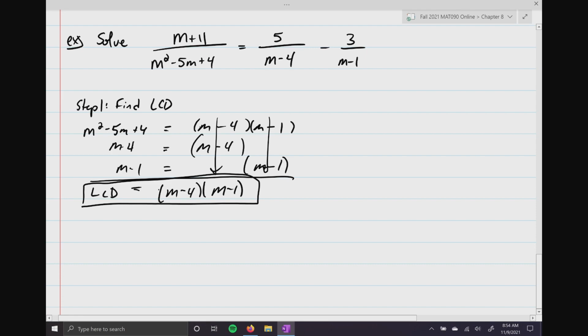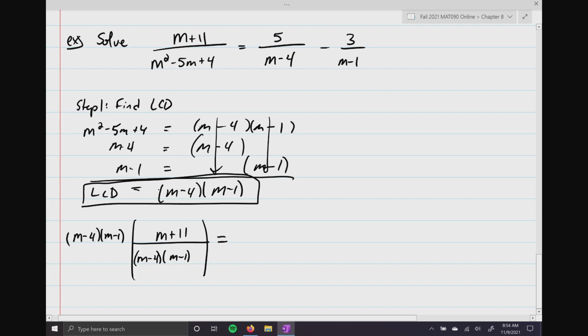Now, just watch how I do this. The key is just to be organized, right? Nice and neat. So I'm going to write (m − 4)(m − 1), all multiplied by (m + 11) over, and I'm going to write the factored form of m² − 5m + 4. All right, so there's my first term.